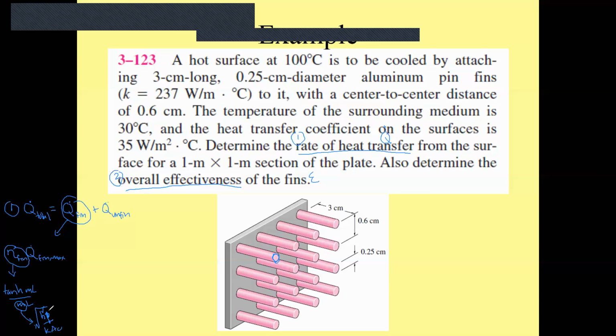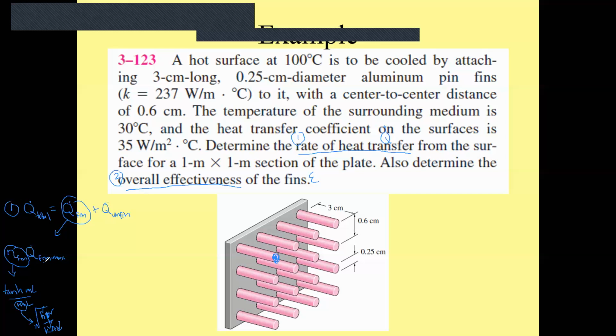You have to remember yourself. k is given, and Ac is just the cross-section area of the fin, because we're talking about the fin now. So you can solve this, and I want you to find a way to use your calculator to calculate a hyperbolic function.